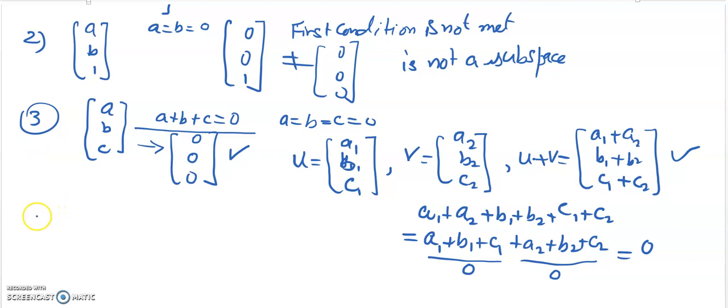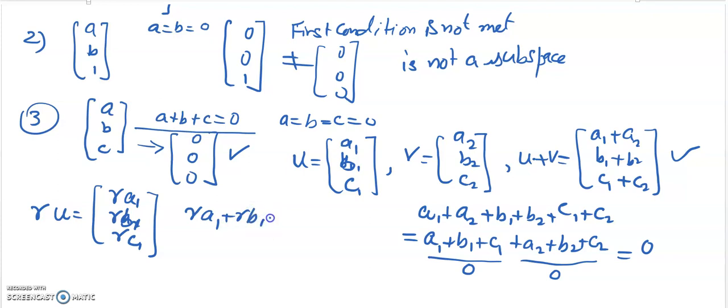How about the third condition? The scalar r we take and then multiply by u, so it will be ra1 plus rb1 plus rc1, because u is a1 b1 c1. By the condition, the sum of these three components of the vector should be 0. So ra1 plus rb1 plus rc1 should be 0.